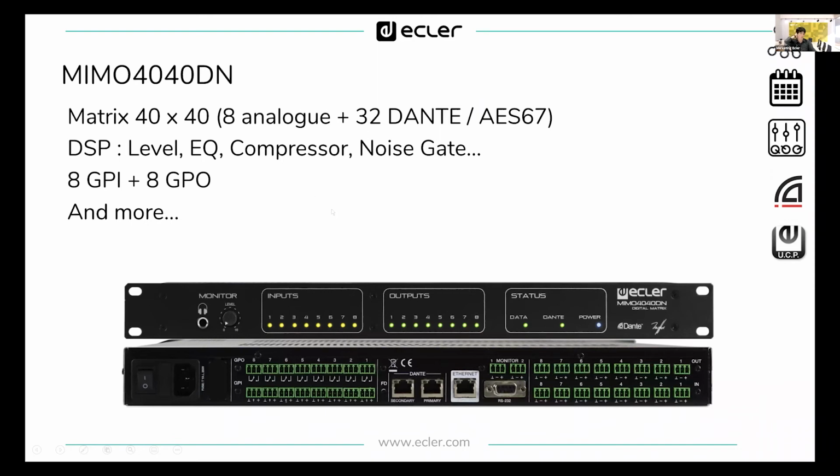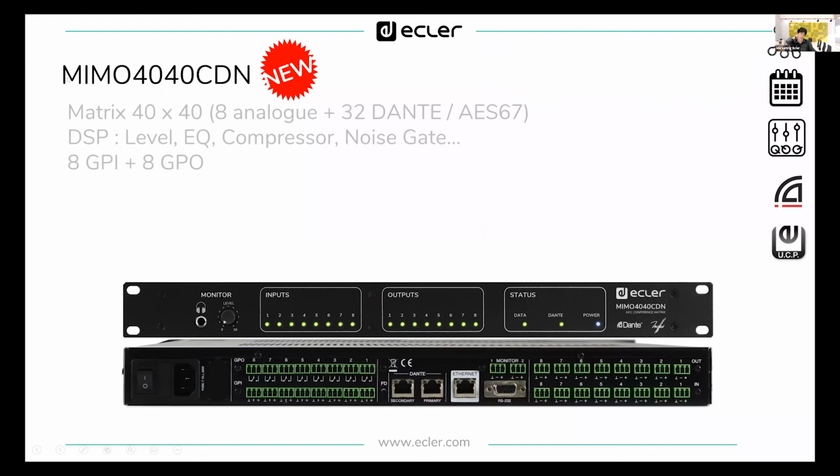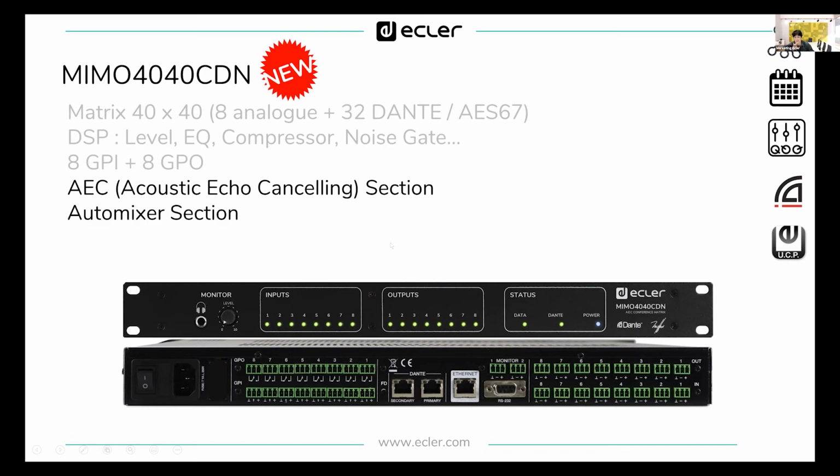Why? Because we made the new MIMO 4040 CDN. What is the MIMO 4040 CDN? Basically, it is a MIMO 4040 with the same features, but as this DSP is more powerful, we can add features without getting rid of anything. So we do have the acoustic echo cancellation section, auto mixer section, and feedback killer section, and all of this remains the same.